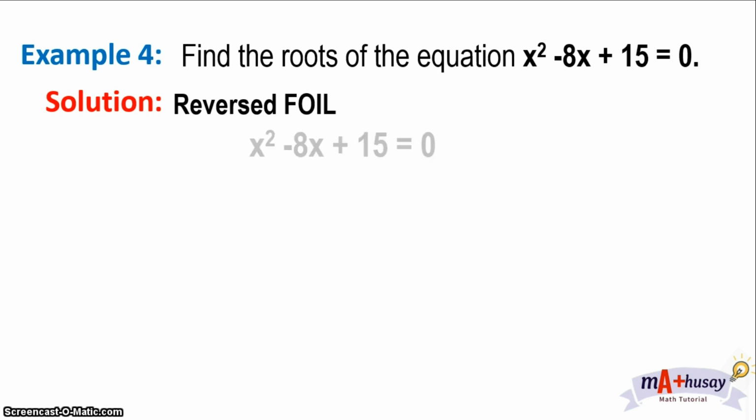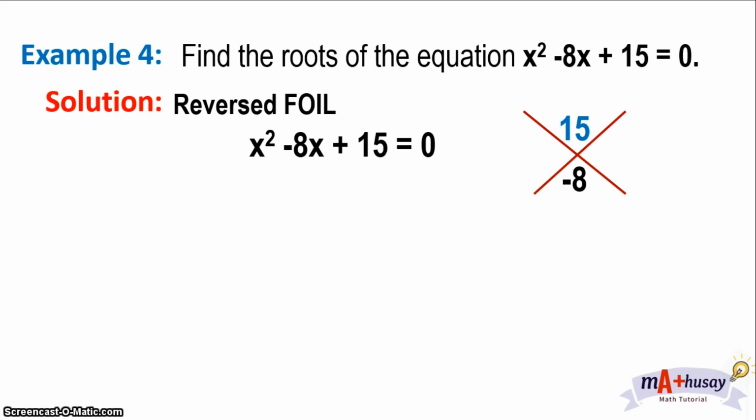So, let's start. Again, we have to think of the factors of 15 where, when we add them, we should get negative 8. Now, what are the factors of 15? You have 1 and 15, 5 and 3. Now, which of these pairs of factors, when added, gives us 8?